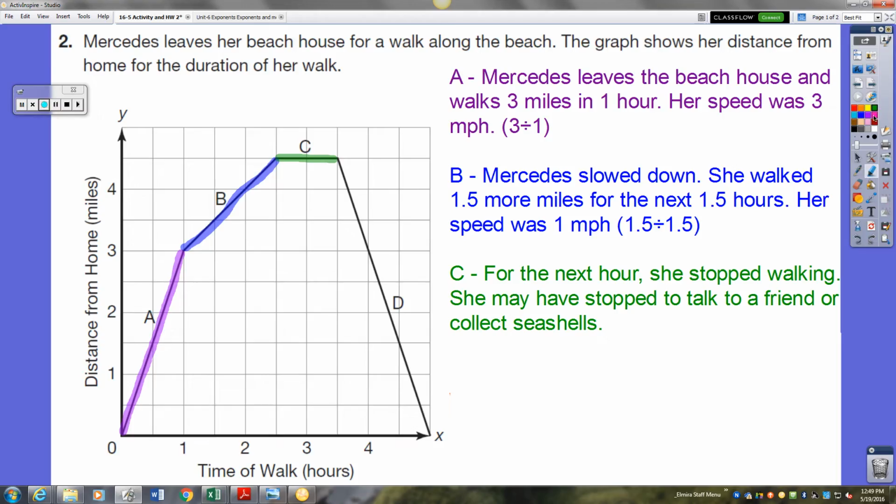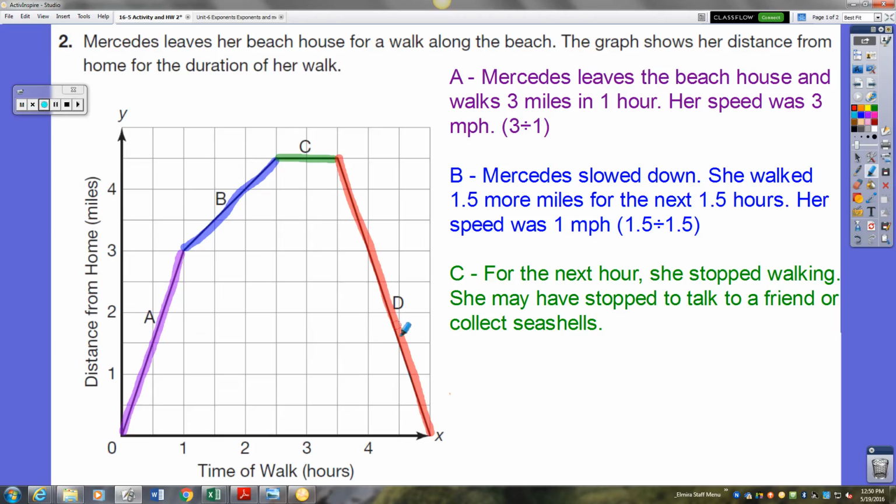The last section of the graph is going downhill, or is decreasing. What's decreasing is her distance from home. So at this point, we can conclude that she is walking home, and the total distance that she walked was 4.5 miles.